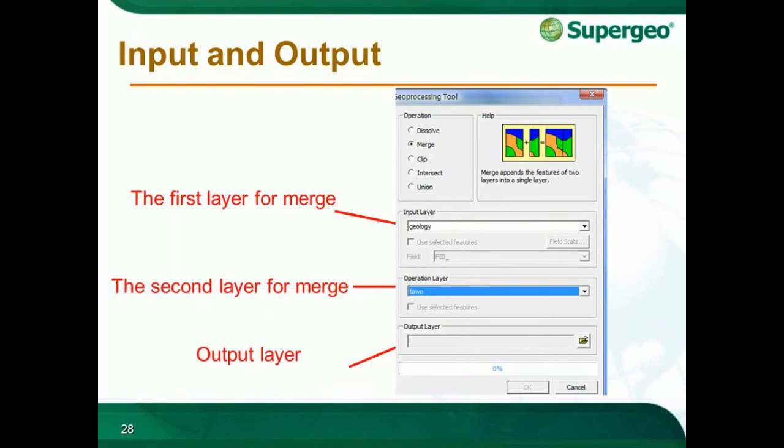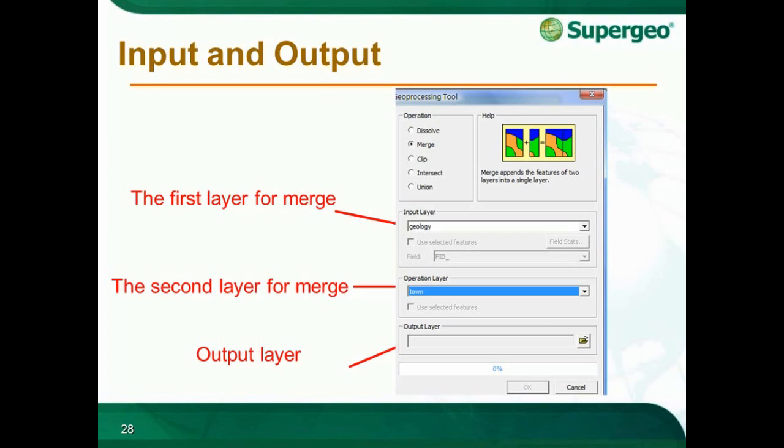And this is the screenshot for the geoprocessing tool of merge. We choose the first layer for the merge as the input layer, and then choose the second merge layer for the operation layer. After confirming the path for saving the output layer, click OK.